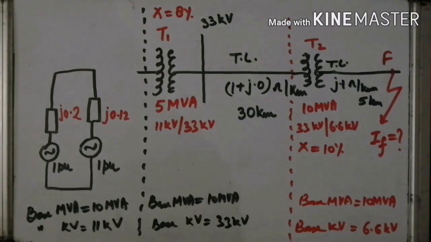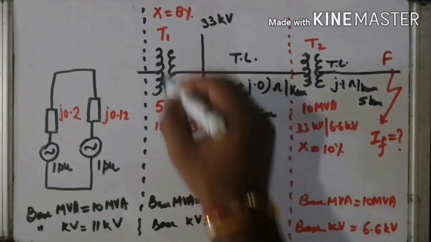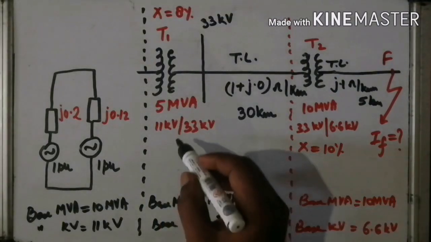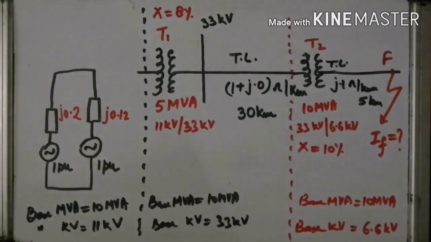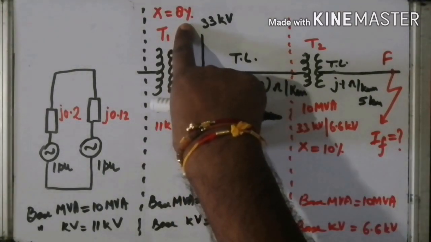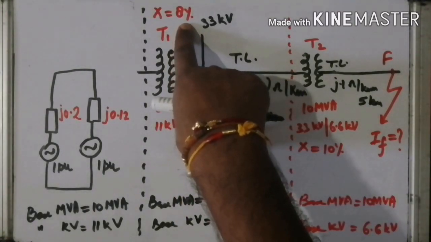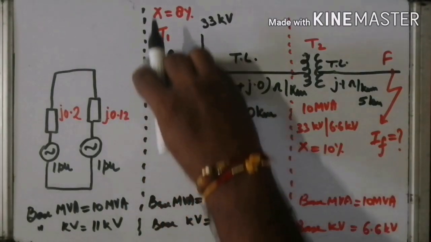After that, see this portion, transformer number 1. Transformer number 1 has the rating of 5 MVA, but here the base value is 10 MVA. That's why in place of 8% we are going to take 16%, right? 16%.